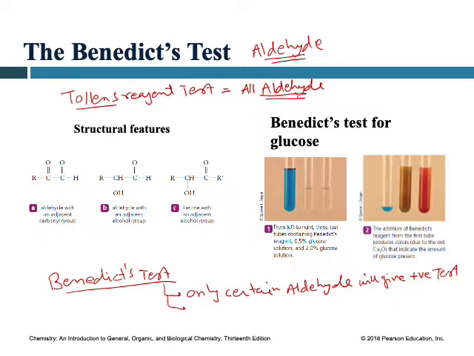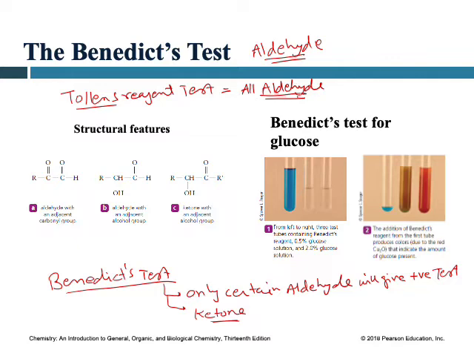And this Benedict test can be given by one kind of ketone, but you have to have some special structure attached to this ketone. I'll explain how. Some ketone-containing compounds can give the Benedict test.